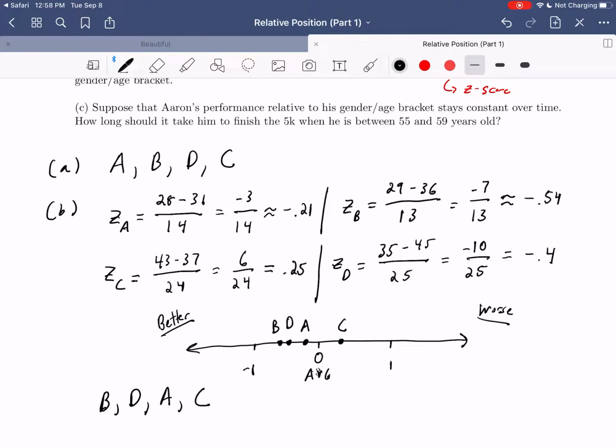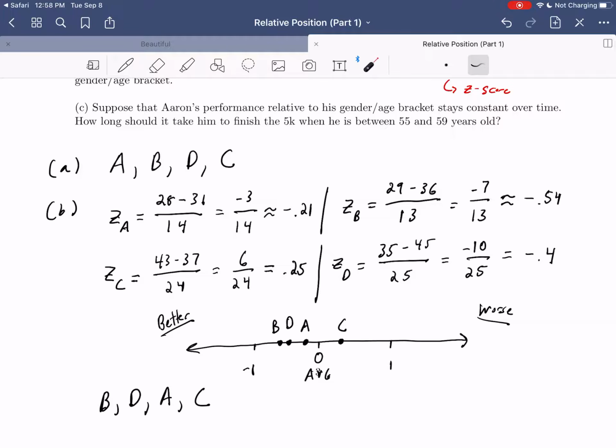So notice, interestingly enough, the person who came across the finish line first, Aaron, actually was the third best in terms of his performance relative to gender and age bracket. Brenda, on the other hand, came across the finish line second, but she should actually be the happiest relative to her gender and age bracket. In other words, if you were saying who's the best runner of them, relative to who they are and their age and everything like that, you'd probably say Brenda is, because she did the best relative to people like her.